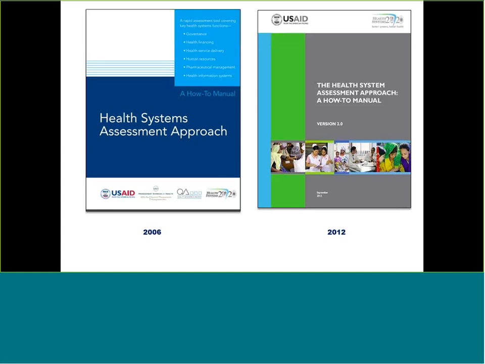It's been applied in more than 25 countries in Asia, Africa, and Latin America, and we've seen very positive results in usage of this methodology to inform leadership, policymakers, and planners for more effective programming and for implementation of better health systems programs. But we updated it now because the last version was updated 5 years ago. Version 2.0 came out in 2013, and there have been a lot of changes in the field since then. Health system strengthening has evolved quite a bit.